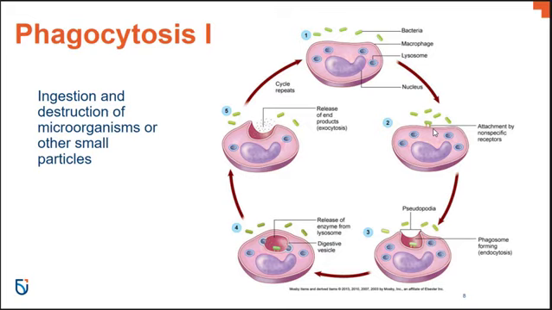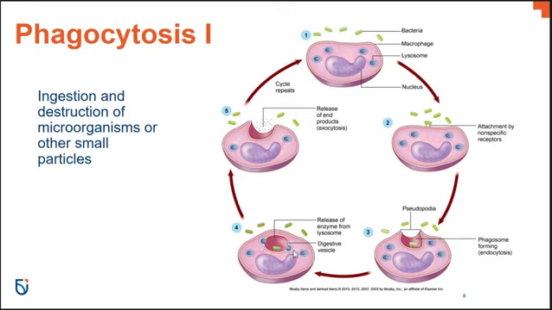It will then extend these foot-like projections called pseudopods toward it. Soon, the pseudopods will completely encase or encircle the organism and form a complete sac. This is called a phagosome. The phagosome then moves into the interior of the cell, or the interior of the macrophage, where it will come into contact with lysosomes found already inside the cell.